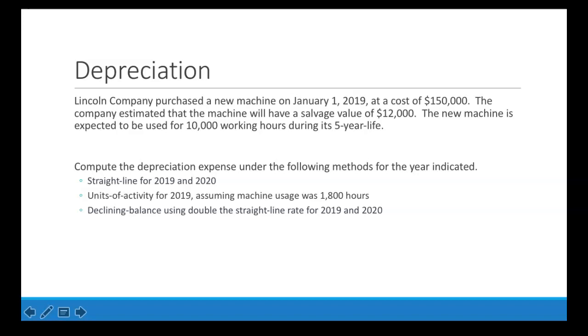The next piece of information is the cost. You're going to use this cost amount in every single depreciation method we solve for later in this problem. So knowing that you spent $150,000 on this machine is important information.